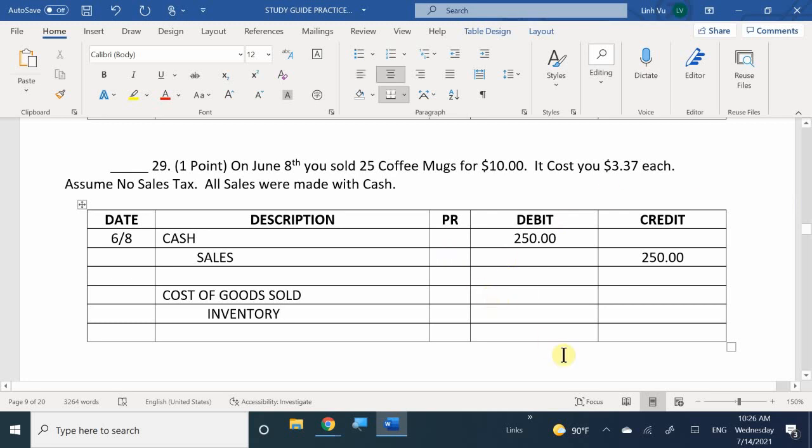What's my total? Inventory, coffee mugs. If each coffee cup cost me $3.37, 25 times that is 84.25. Very good calculation.